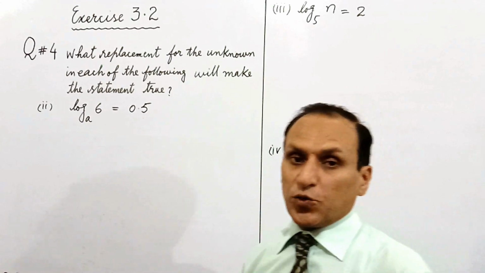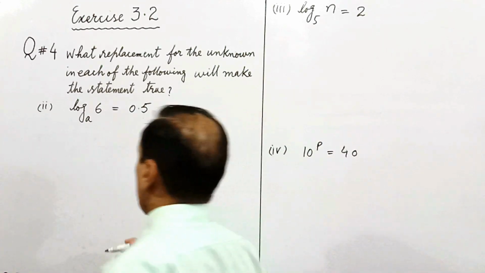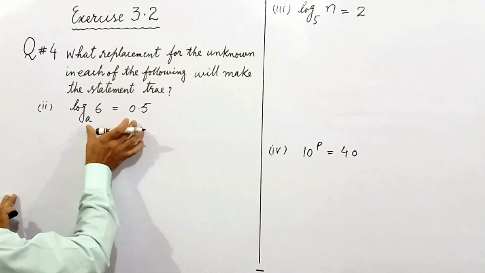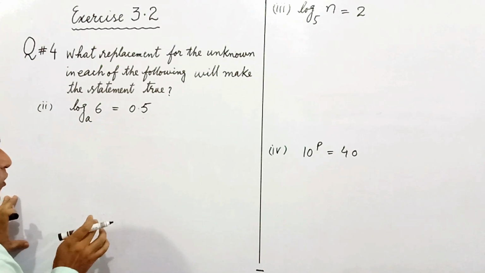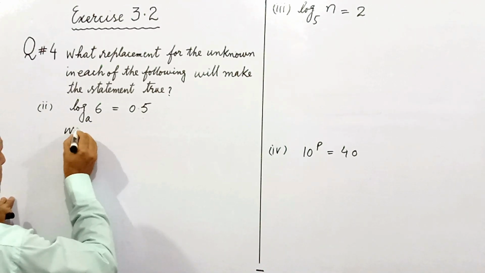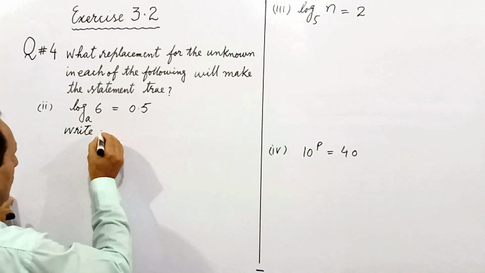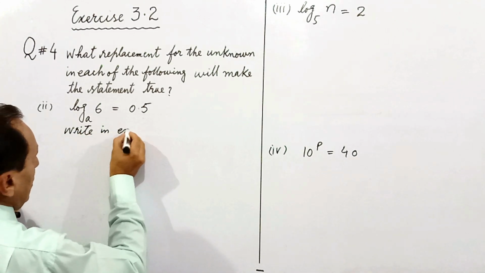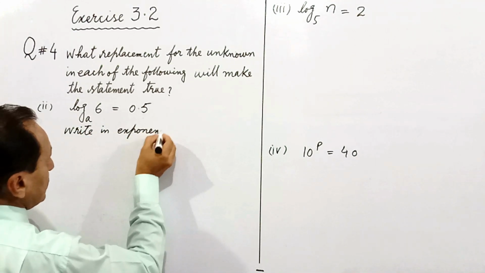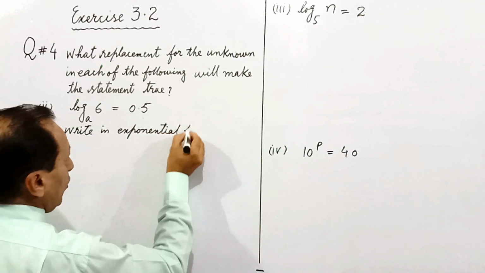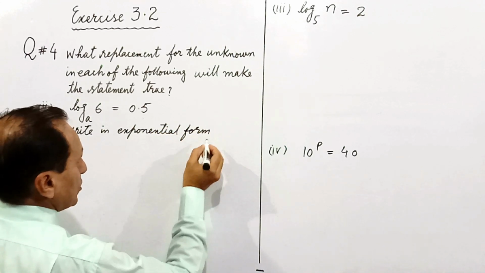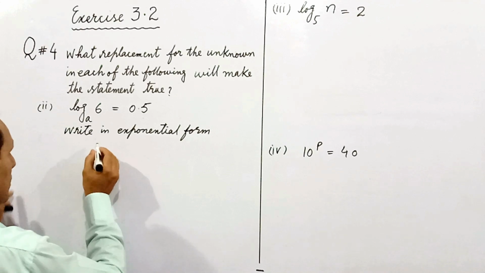Let's do the next part of this question. Again, we are dealing with logarithmic form and we have to write in exponential form according to the definition of logarithm of a real number.